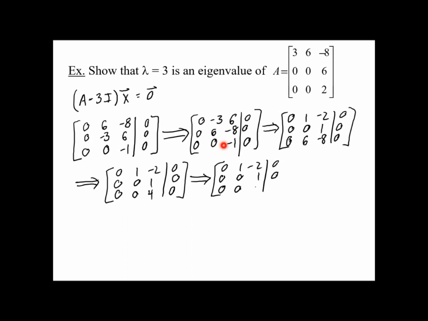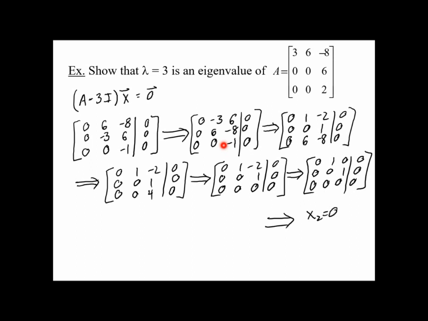And then the bottom row is going to be all zeros. And then finally, I'm going to get 0, 1, 0, 0, 0, 0, 1, 0, and then the bottom row is all zeros. Okay, what did I learn? I learned that in this case, the top row tells me that x2 is 0. The second row tells me that x3 is 0.